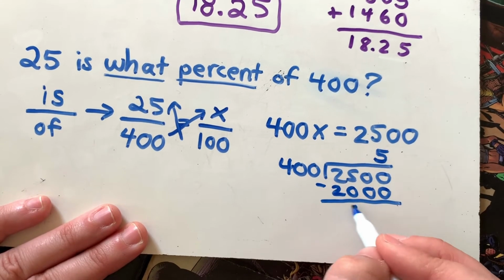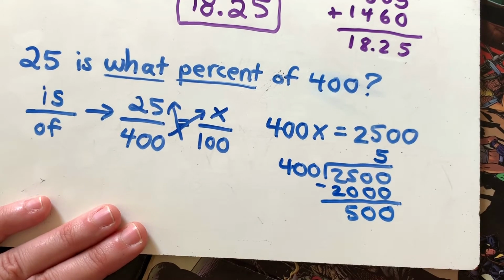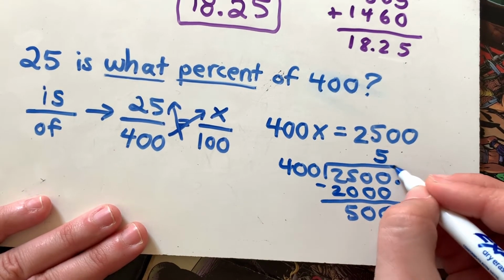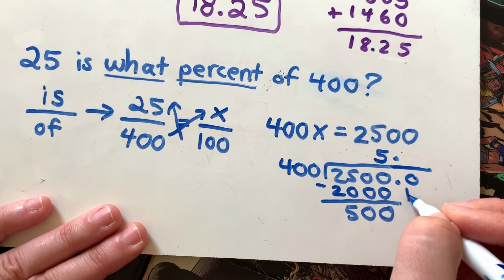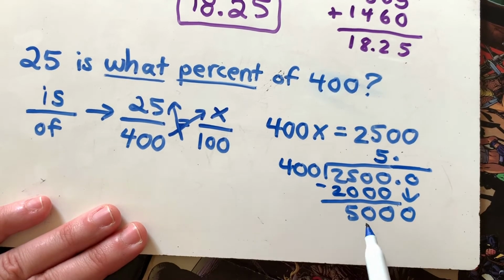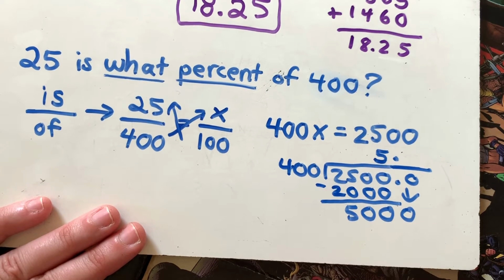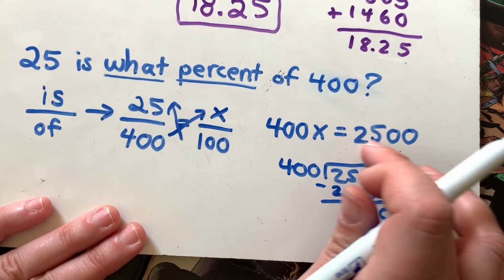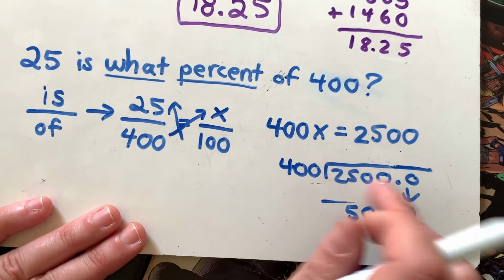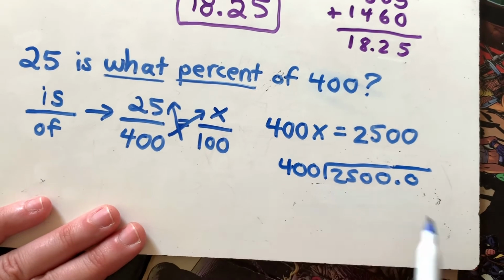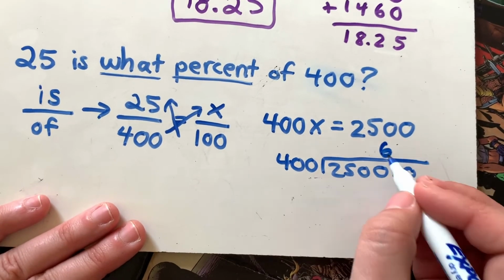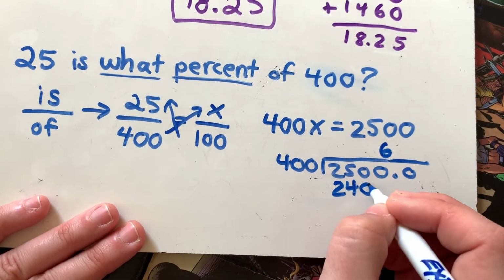Okay. So I do that. I have a remainder. So 400, I did something wrong. Oh my gosh, do you catch what I did wrong? Look at that. I can actually get even closer. I can do 6 because 6 times 4 is 24.